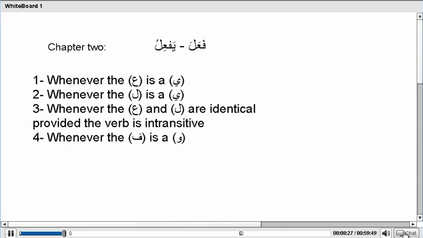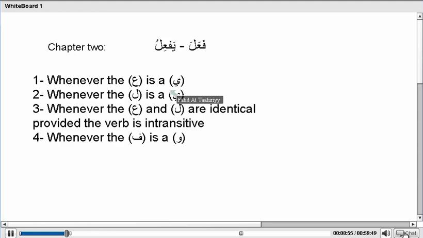So you can see, subhanallah, how the chapters are put and organized in a way where it is easy to relate to, especially chapter number 1 and chapter number 2, because there it's a waw and here it's a ya.